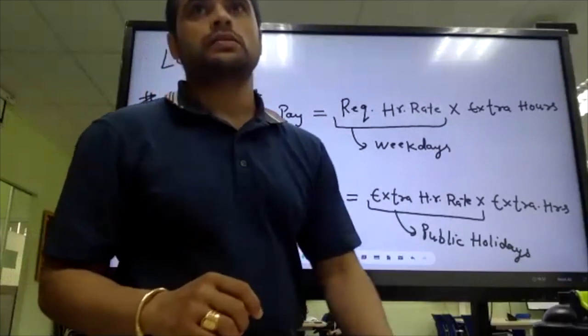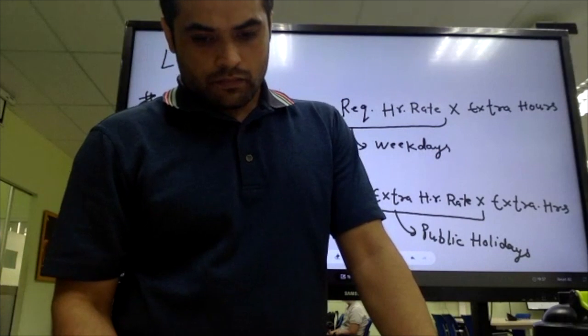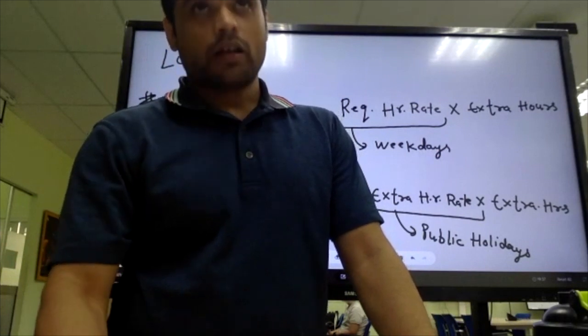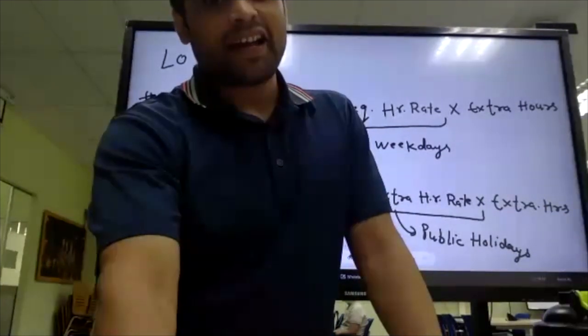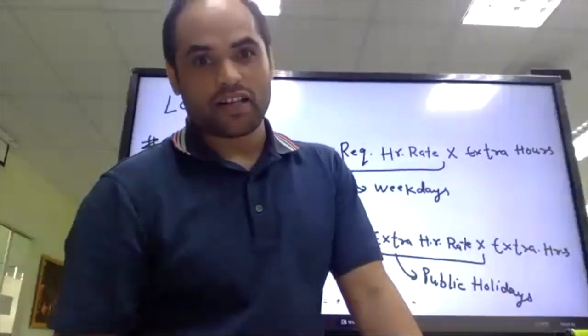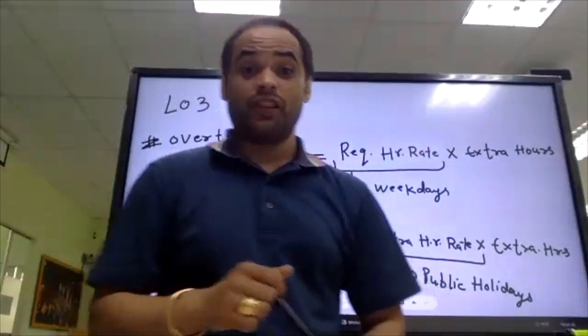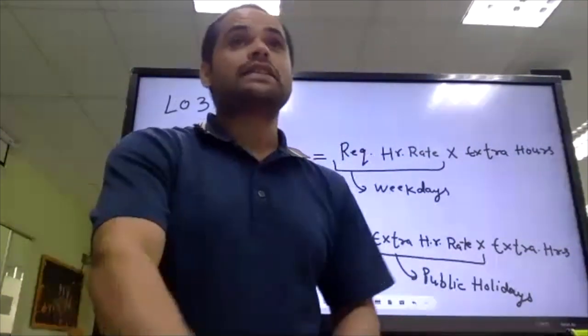What is the difference between direct and indirect labor cost? I think you did not watch my video on direct and indirect labor cost. I explained direct labor cost and indirect labor cost even in the last video. Anyway, I repeat again, listen to me carefully.